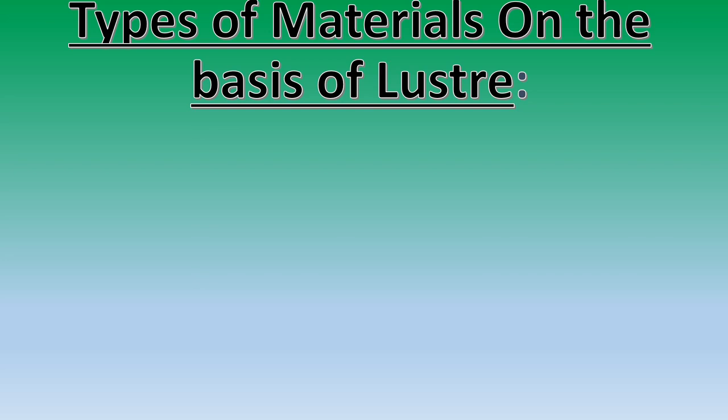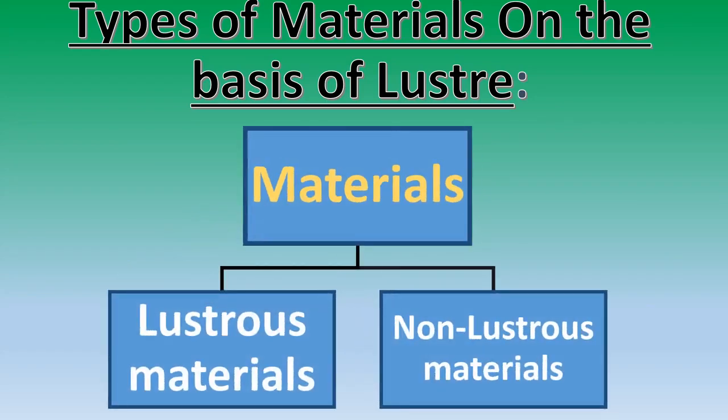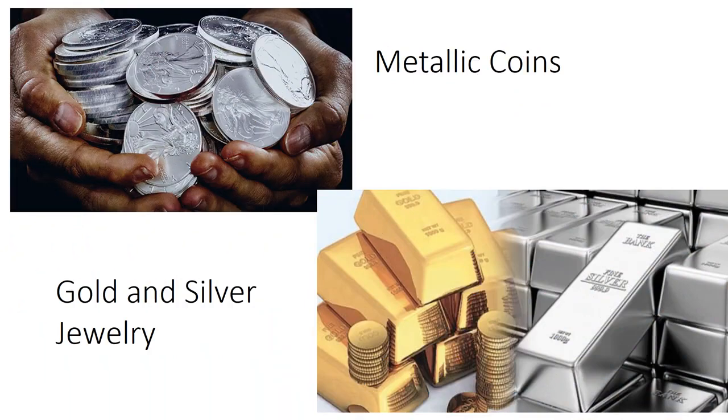We have divided the objects on the basis of luster into two categories: lustrous materials and non-lustrous materials. You can check here the metallic coins and the jewelry made up of gold and silver are glittering, having shine and bright.